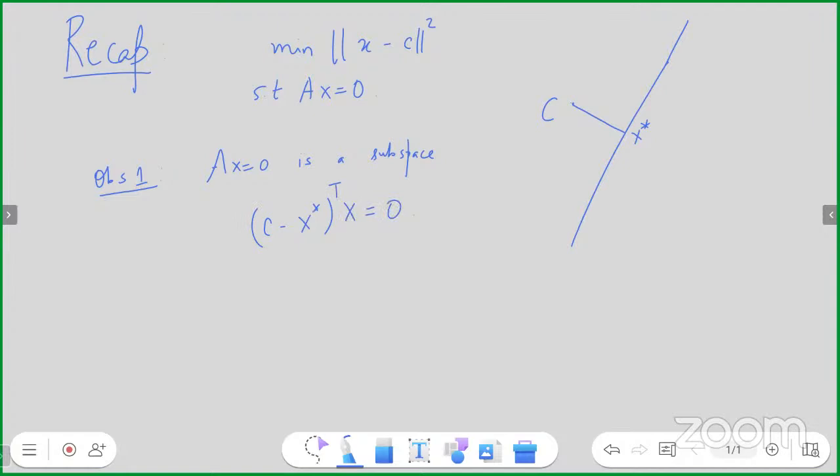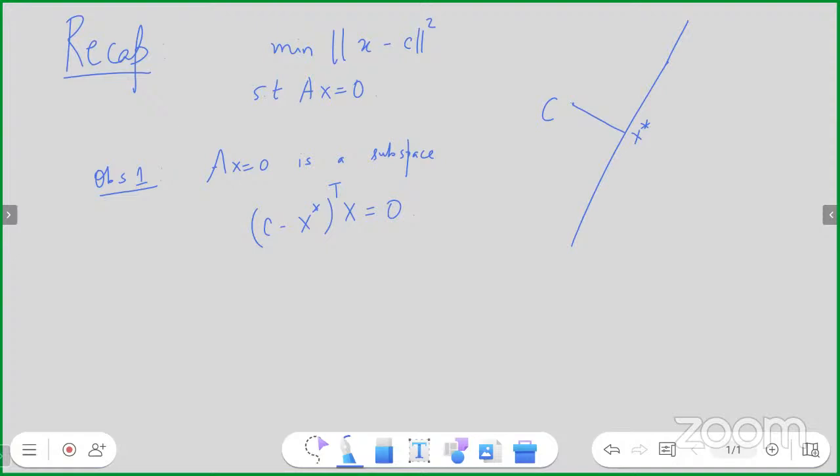But still the problem is to find x star. How do I find an x star? You can guess and prove if you want. Because all I need is this, which is necessary and sufficient. All I have to do is produce an x star such that this is satisfied and Ax star is equal to 0. Then I am done. You've seen this in many different ways.